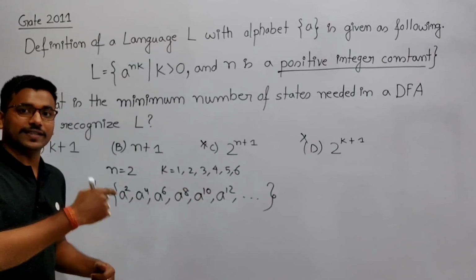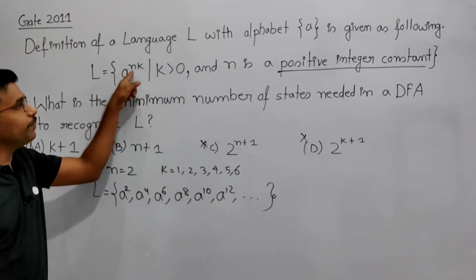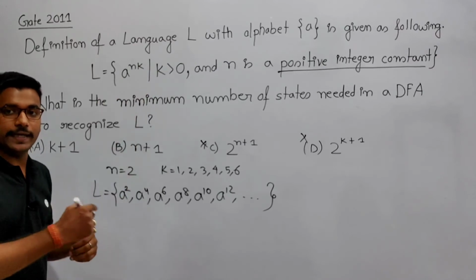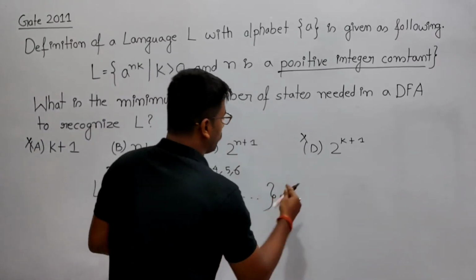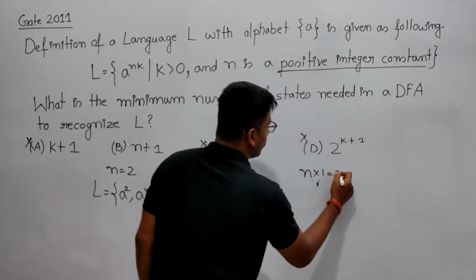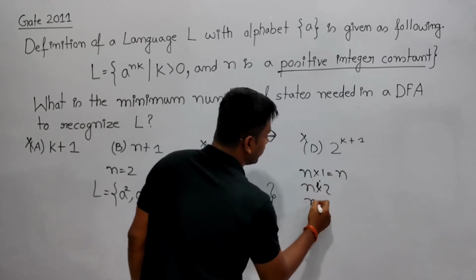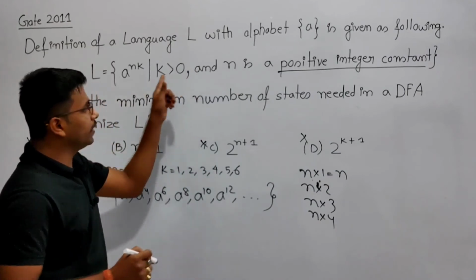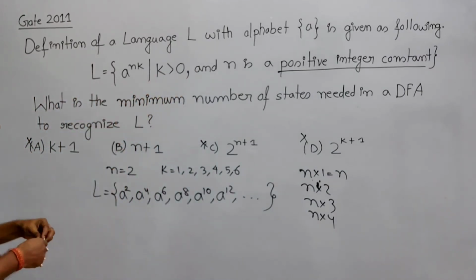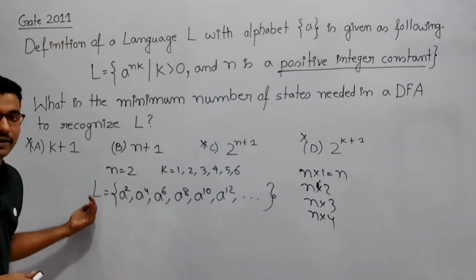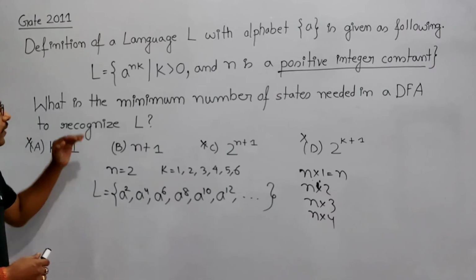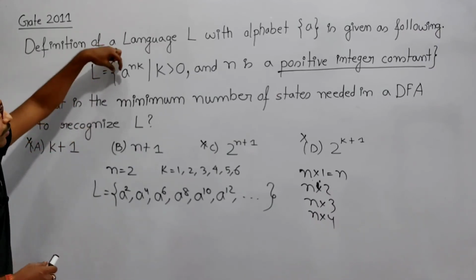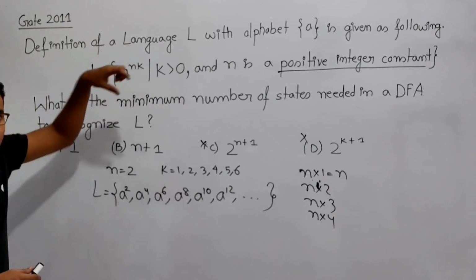When it is 3, then 3, 6, 9. So it is a multiple of n: n into 1, n into 2, n into 3, n into 4, like this, where k varies from 1, 2, 3. So this language is containing multiples of n. What that means is the number of a's is a multiple of n.